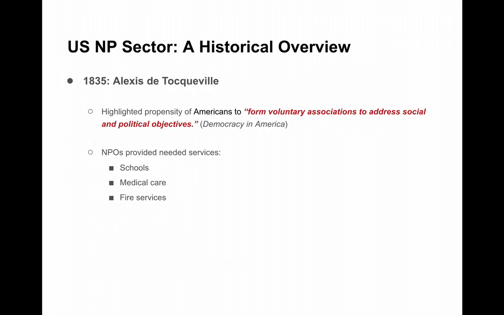And in terms of the history, right, we can't forget Tocqueville. In 1835, Tocqueville wrote in Democracy in America, highlighting the feature of Americans to form voluntary associations to address social and political objectives. So basically, the idea about self-governance in the United States lays the foundation for American democracy.